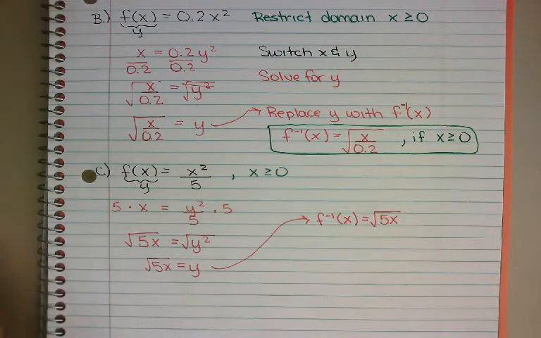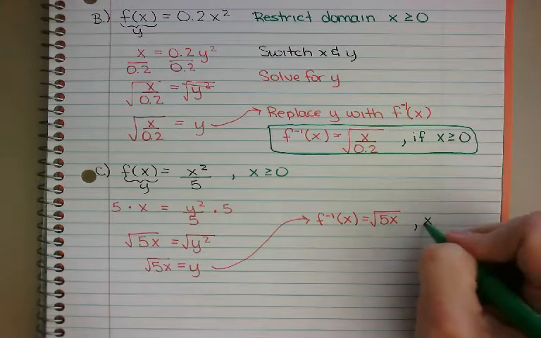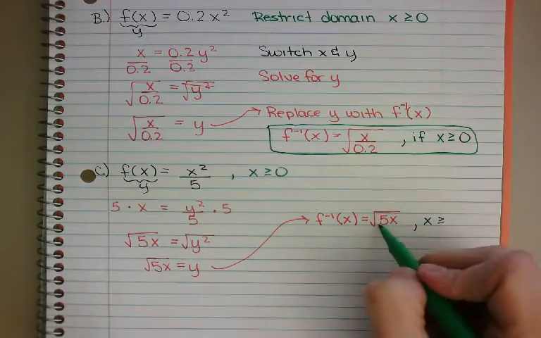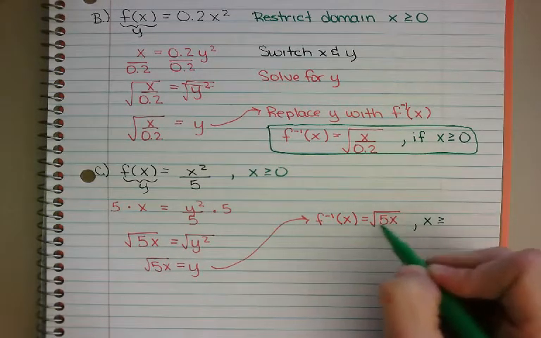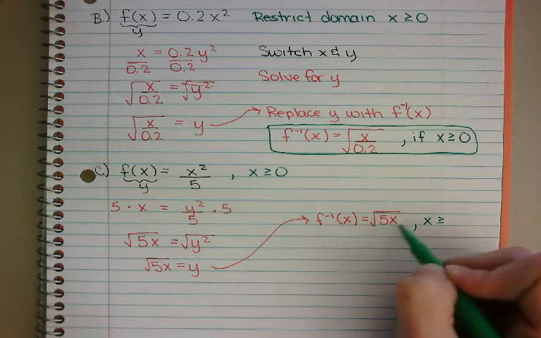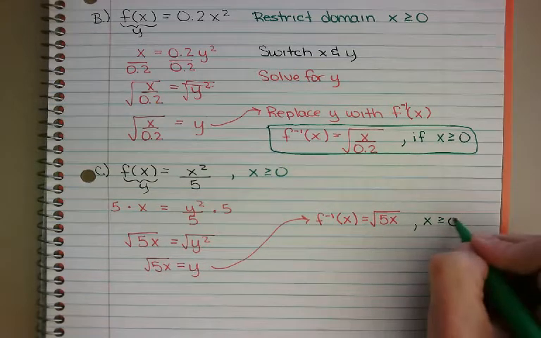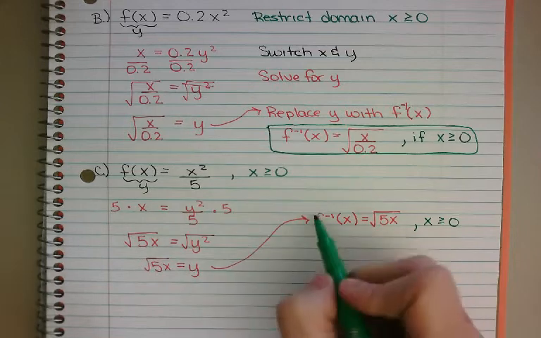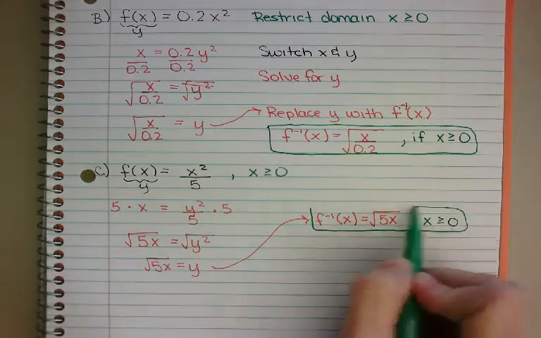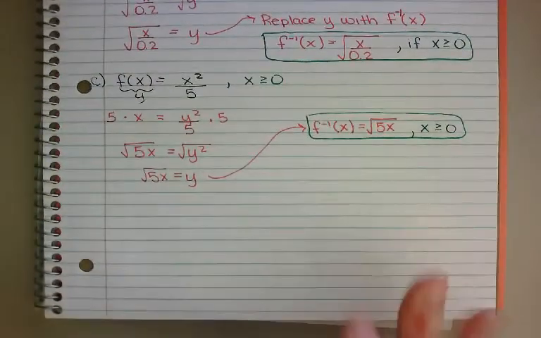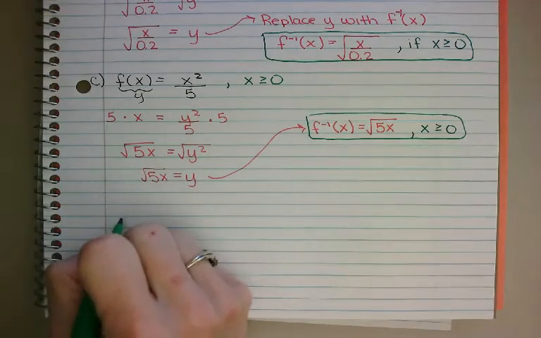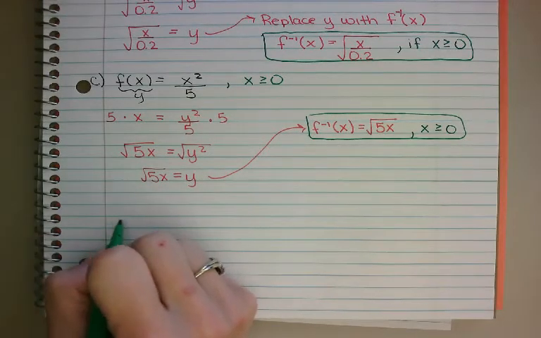And we're going to restrict our domain. We're going to say x's have to be greater than or equal to, I'm trying to keep this to being positive numbers or non-negative numbers. So the x would have to be greater than or equal to 0. All right.